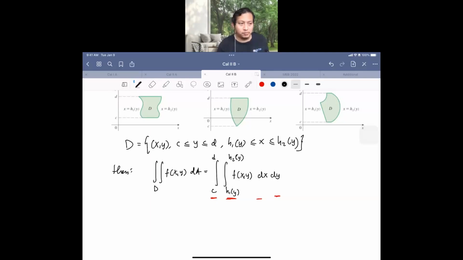Okay. Now probably let me give you some illustration on examples.